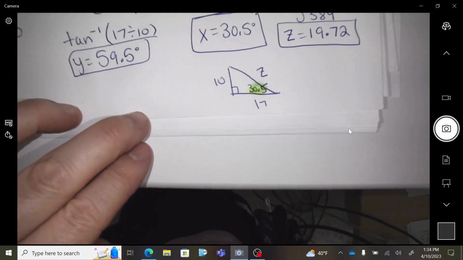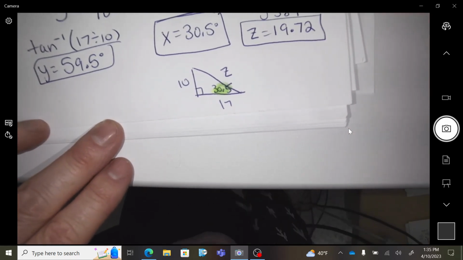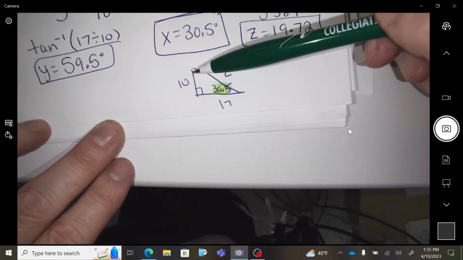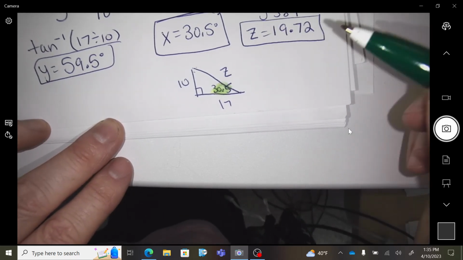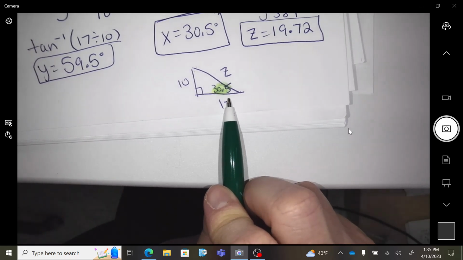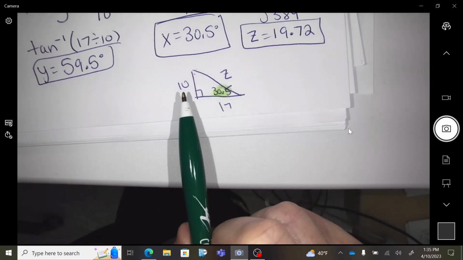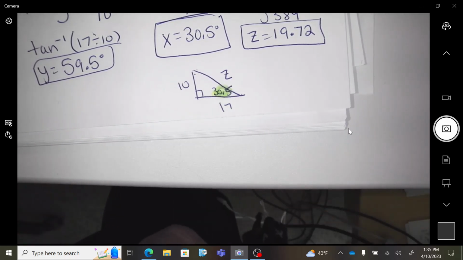And I'm going to use the 30.5 corner, because you can use whatever corner you want. You could have used the 59.5, but I'm going to pick this one. What do you want to use? Do you want to use SO or CA?